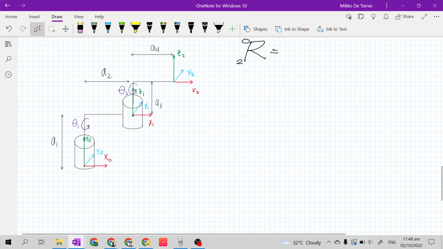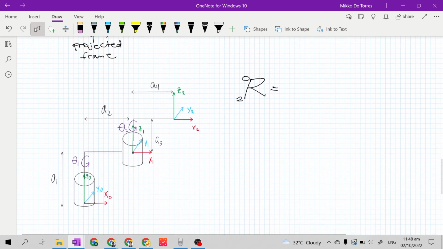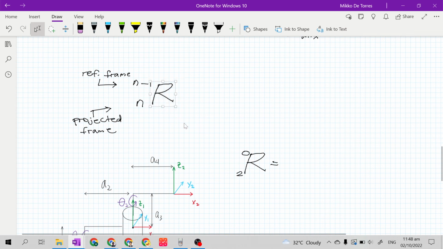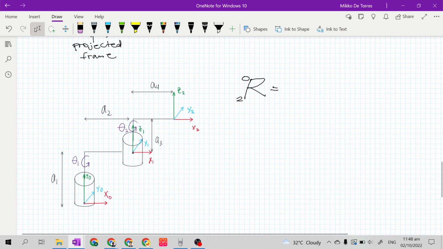So what we will do here, we will derive the rotation matrices inside our mechanical manipulator. As we can see, we have here three frames. So we have a rotation matrix for frame 0 to frame 1 and frame 1 to frame 2. So this will make two separate rotation matrices.